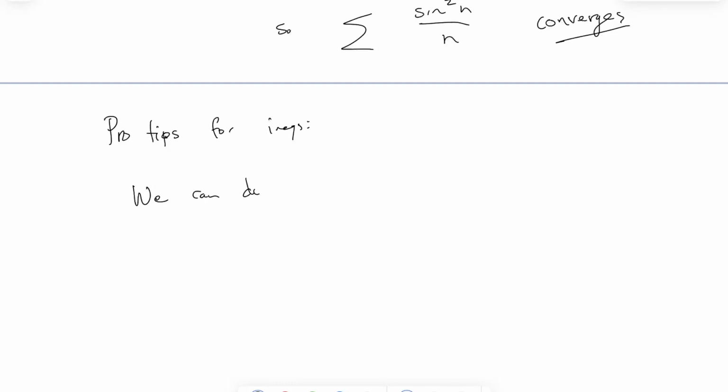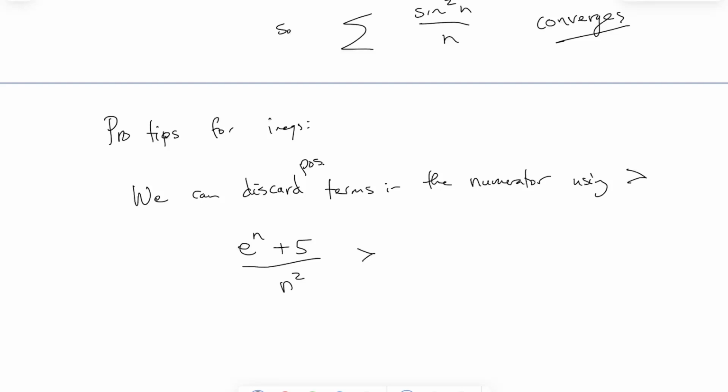We can discard positive terms in the numerator, using greater. For example, e to the n plus 5 over n squared is greater than e to the n over n squared, right?